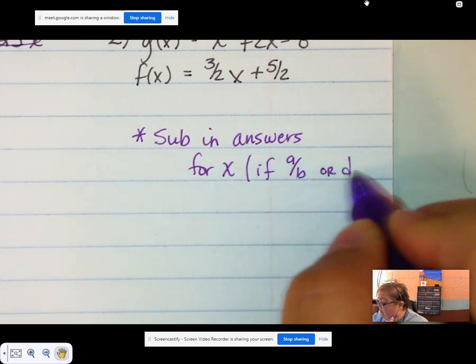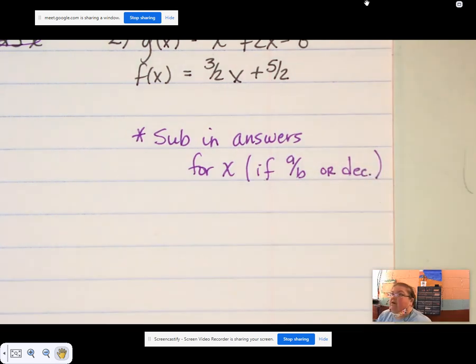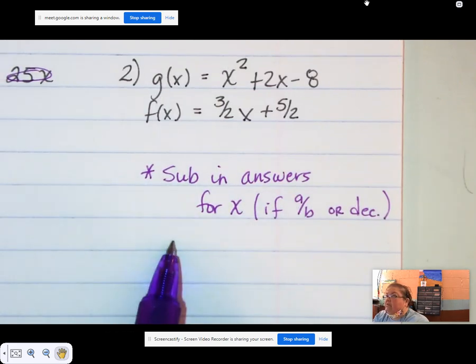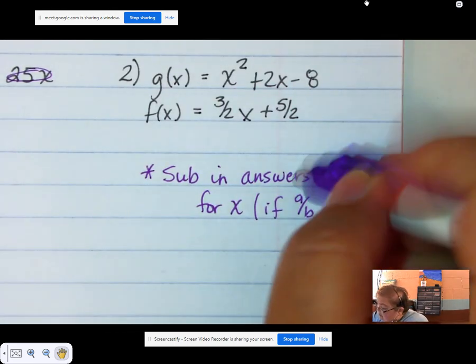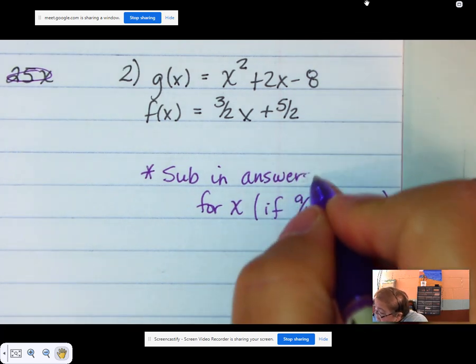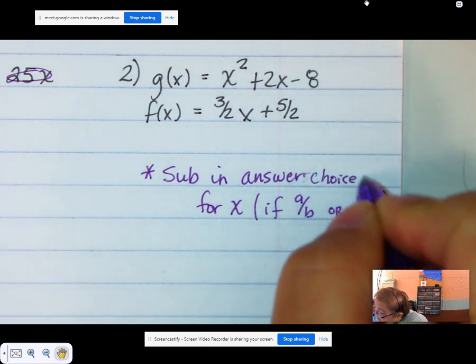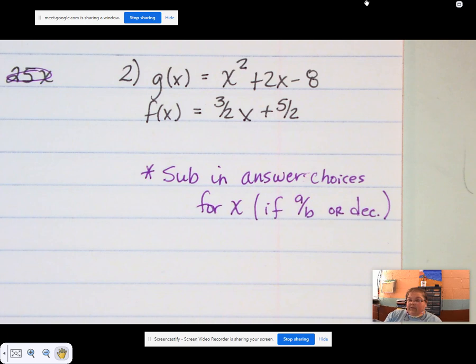Sometimes decimals. So if your calculator's not giving you the answers, then the answers are most likely fractions or decimals. So you're going to want to sub in your answer choices, if you're not getting them on the calculator, because it won't always give you those decimal or fraction answers. Okay? Questions?